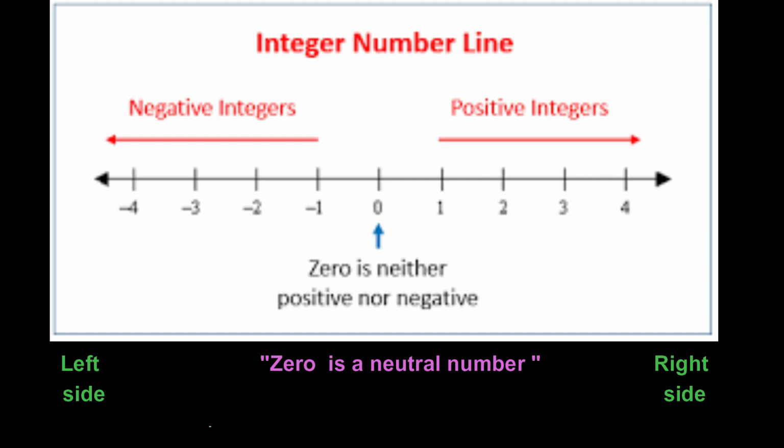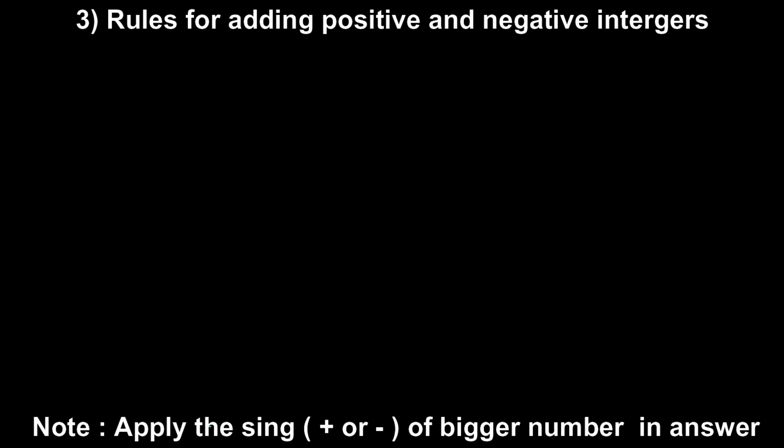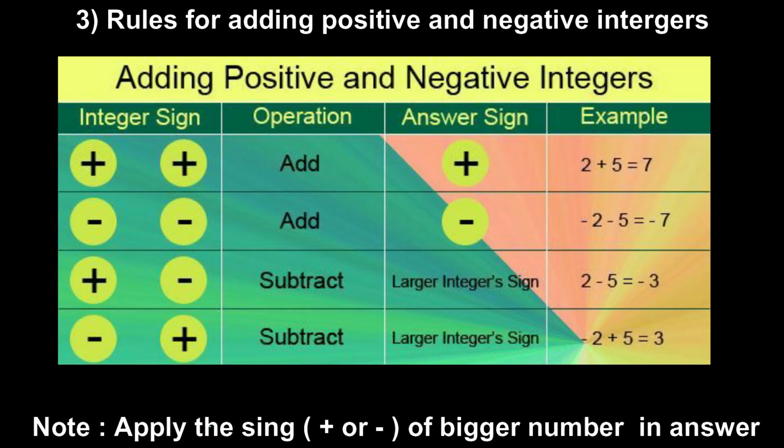So my dear students, let's move on to the third topic, that is rules for adding positive and negative integers. As you can see on your screen, there is a photograph which shows adding positive and negative integers. On the left side there are signs of integers.